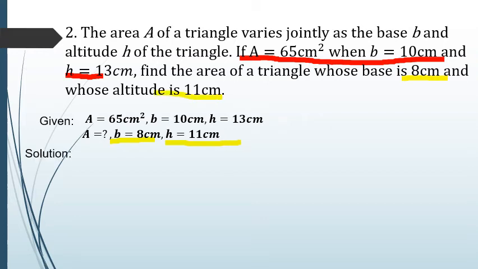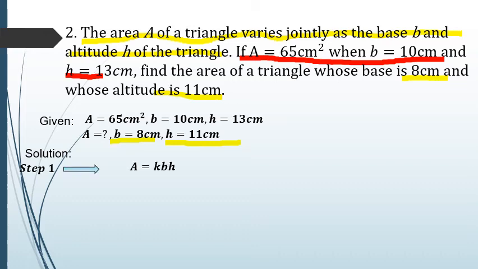So, for the solution, ang step 1, i-translate natin ang statement na the area A of a triangle varies jointly as the base B and altitude H of a triangle into mathematical equation.